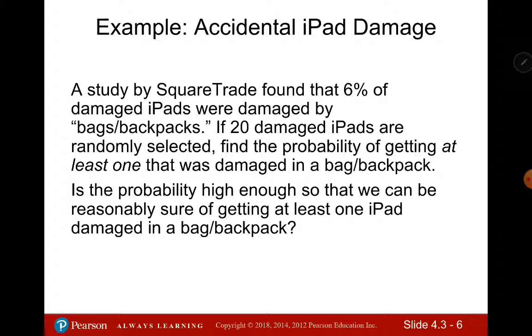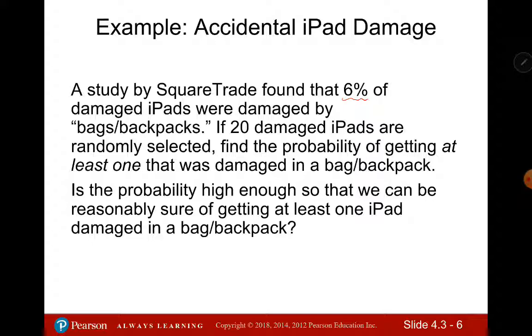So let's check this example. First, we have the 6%. This number tells you 6% of the damaged iPads were damaged by backpacks. So it's the probability, right?